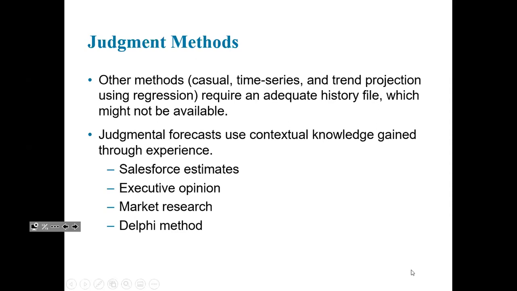It could be, what do you think the forecast for this new product would be in 2021? Okay, and now this approach requires multiple departments. So they could have people from accounting, they have people from operations, they have people from marketing. Okay, so you ask each and every department, come up with an estimate of what your forecast would be.